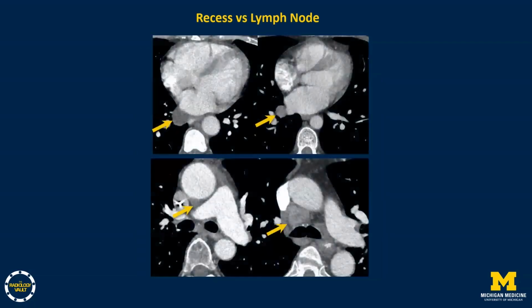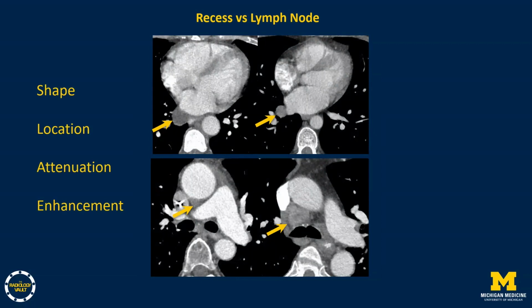Another example that I am showing here shows how to differentiate between a pericardial recess and an enlarged mediastinal lymph node. To be able to do that, we shall pay attention to shape, location, attenuation, and enhancement, as I mentioned before.